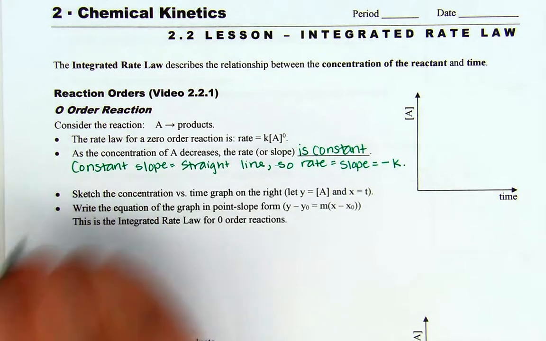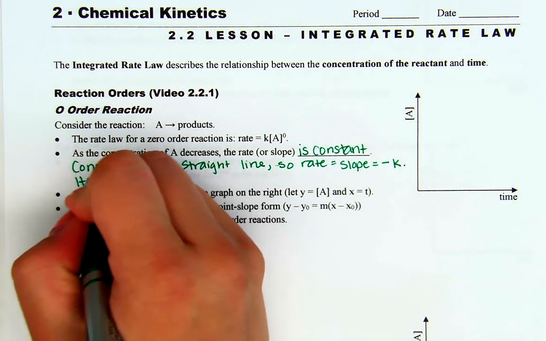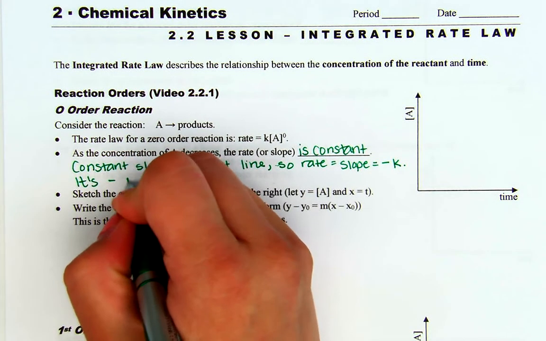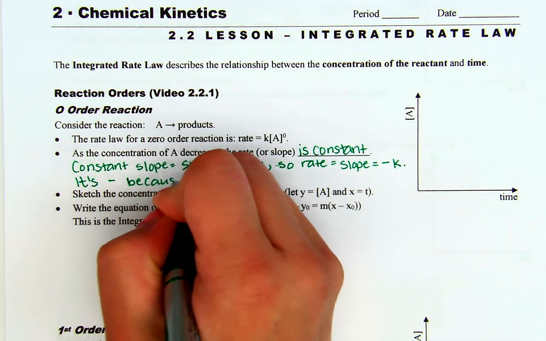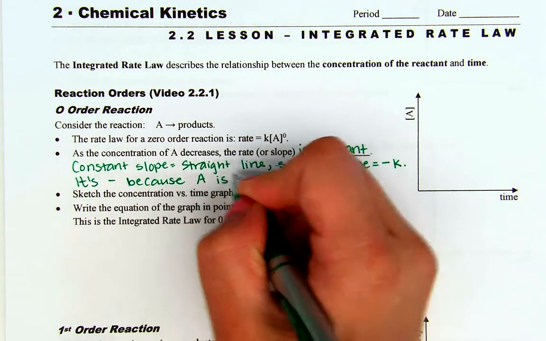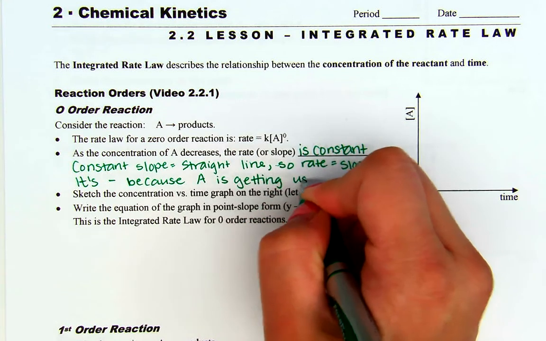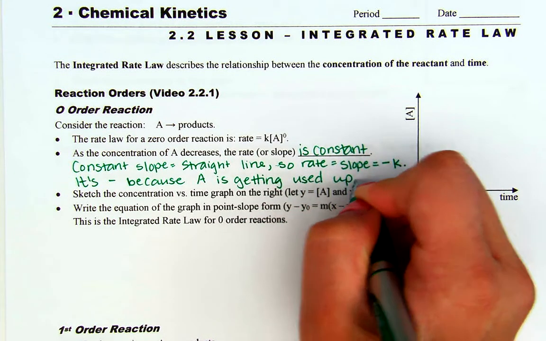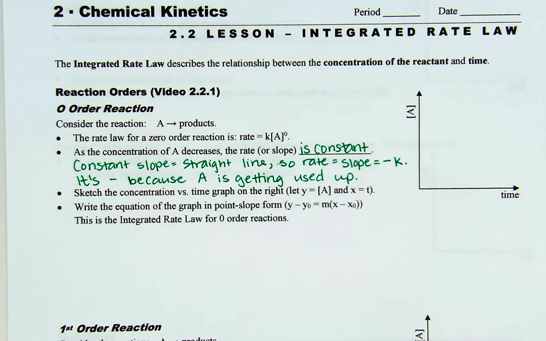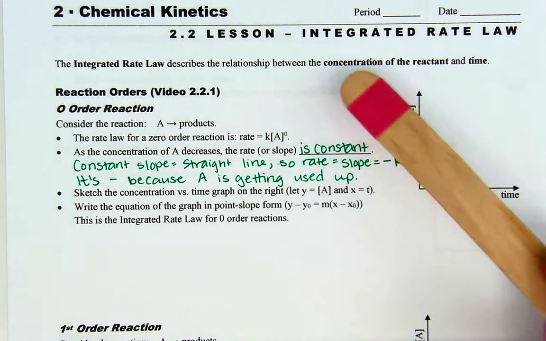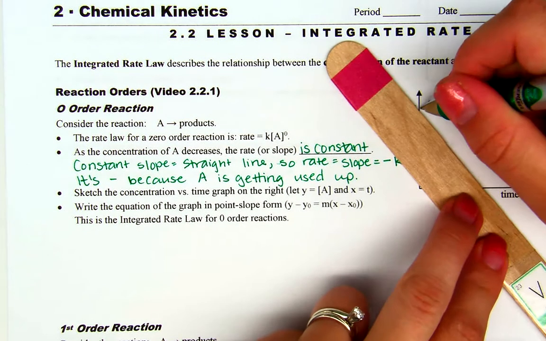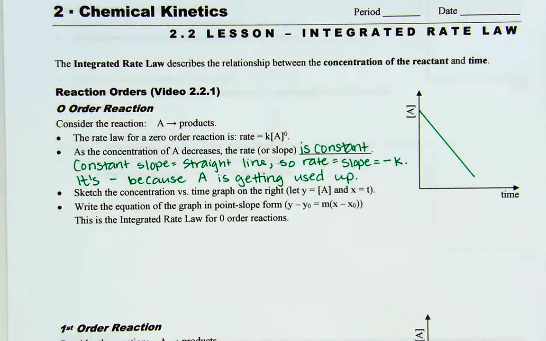It's negative because A is getting used up. Okay, so sketch the concentration versus time graph to the right. All it is is a straight line, so I'm just going to sketch a straight line there.